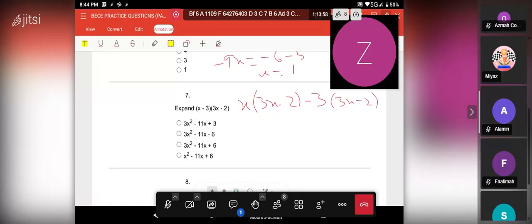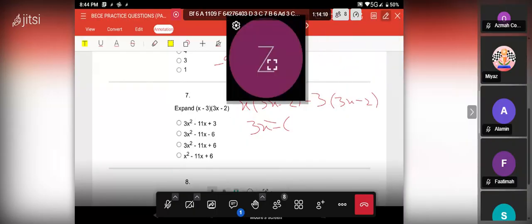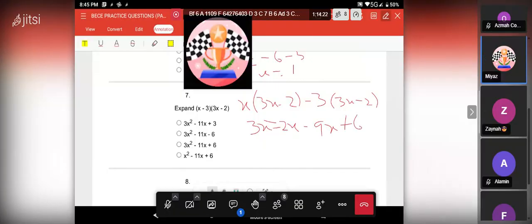So this is going to give us 3x squared minus 2x, minus 9x plus 6. 3x squared minus 11x plus 6.